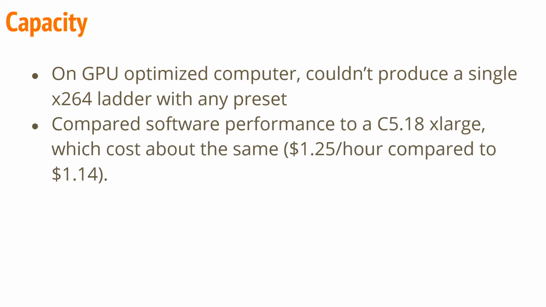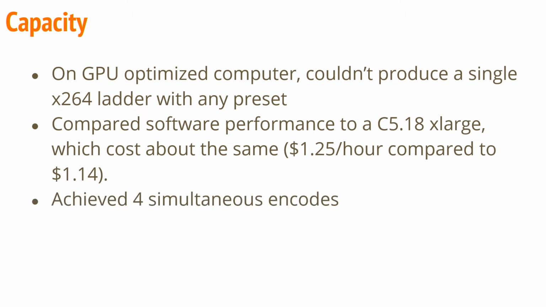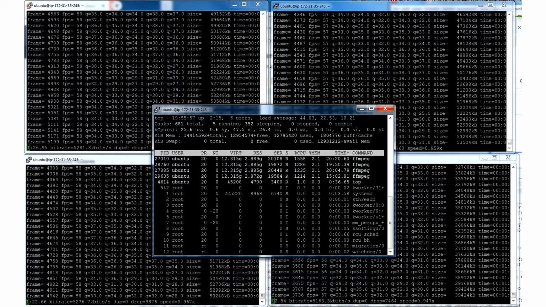So we went to a C5.18 extra large, which cost about the same, $1.25 per hour versus $1.14 per hour, and we got 4 simultaneous encodes, and that's what this looked like. So here we're seeing 58 frames per second, 58 frames per second, 57 frames per second, and 57 frames per second on the same machine. So it's definitely cheaper to go with the H.264 based solutions if you get a big enough machine.